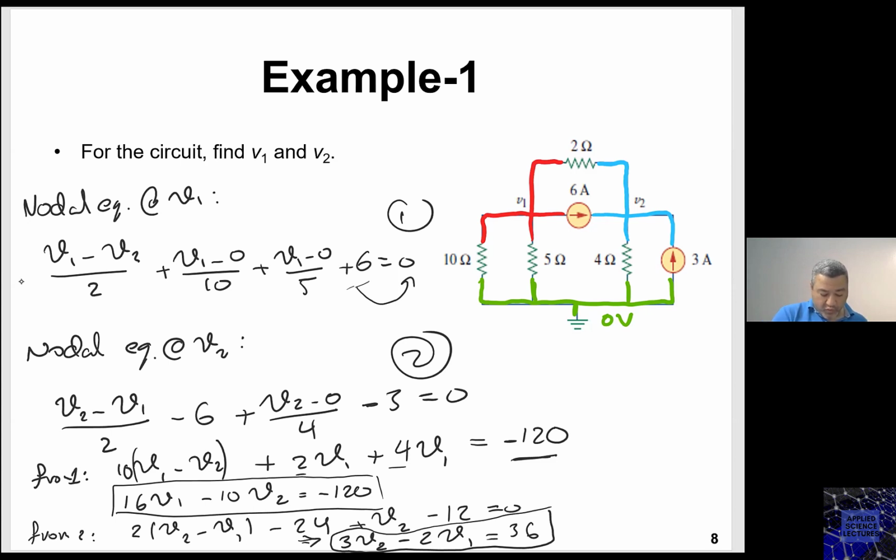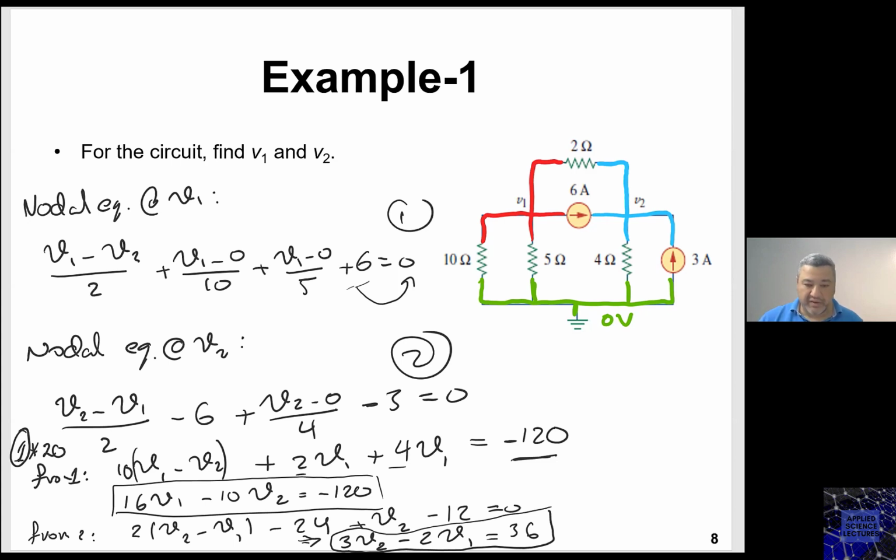So equation number 1 times 20 gave me 10 V1 minus V2 plus 2 V1 plus 4 V1 minus 120. I multiplied by 20. I could have multiplied by 10.